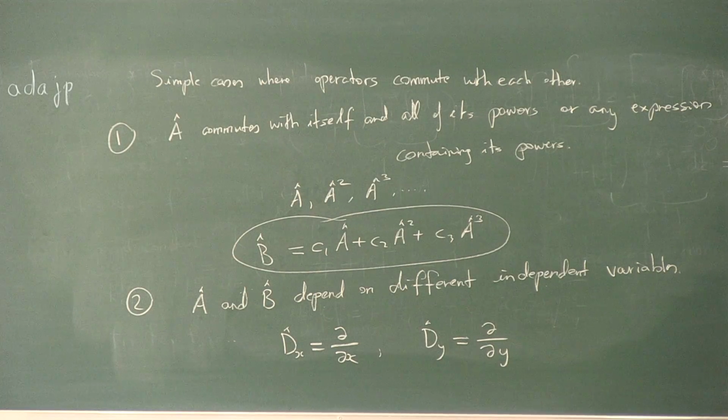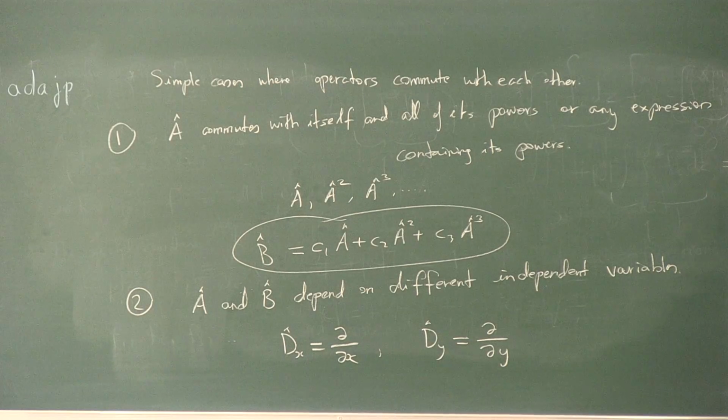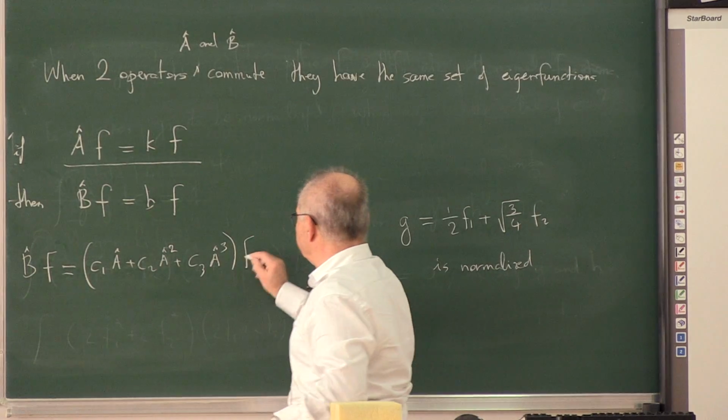Using this property for A, we can simplify the result of applying B to the function, the same function f. Definition of B is C1 times A plus C2 times A squared plus C3 times A cube acting on f.